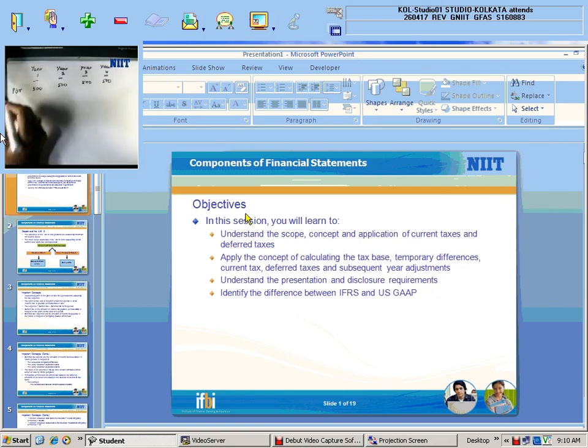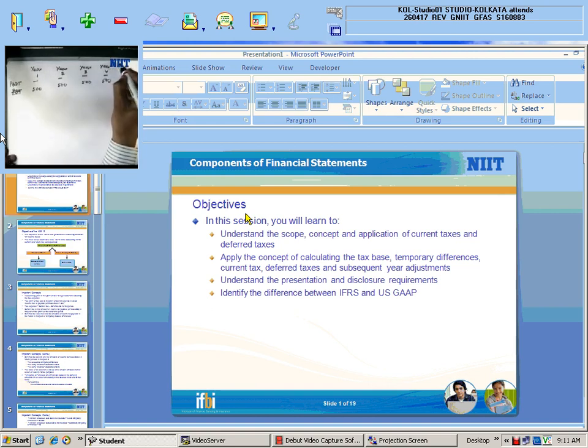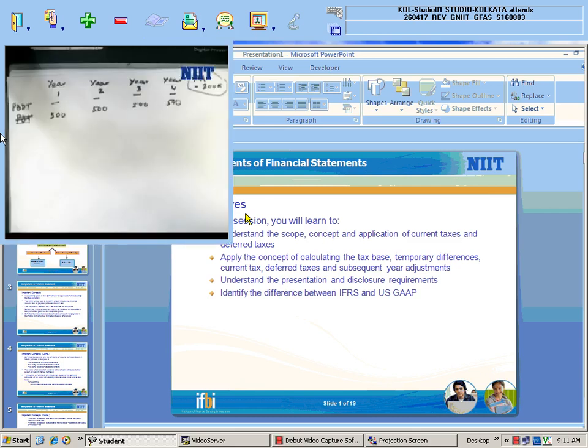Now the profit before depreciation and taxes, we'll say, is the same for these 4 years, 500,000. Now the company has fixed assets valued at 200,000, which the company is going to depreciate over these 4 years.